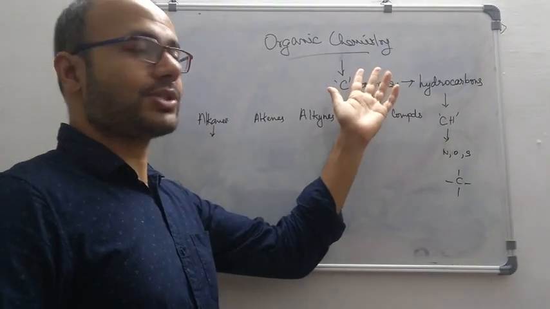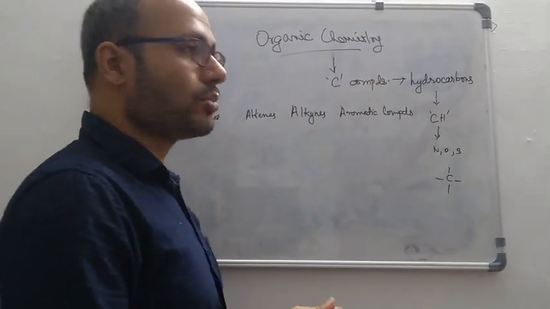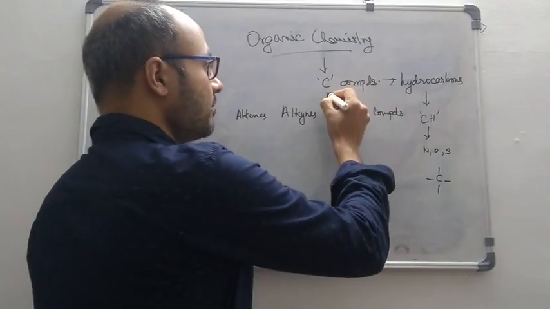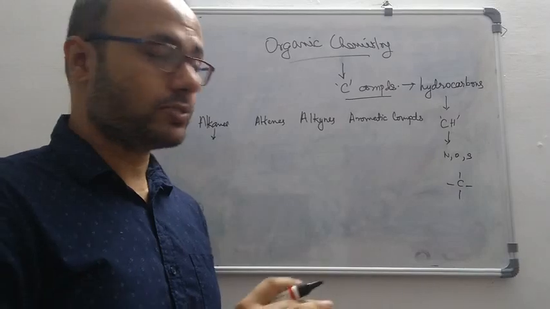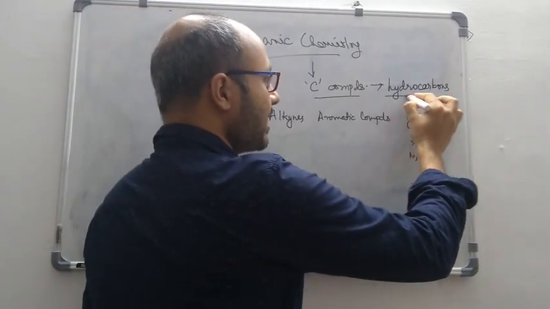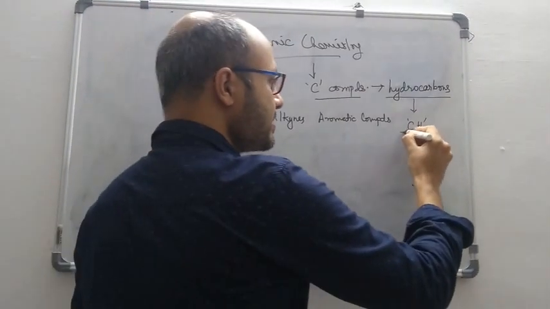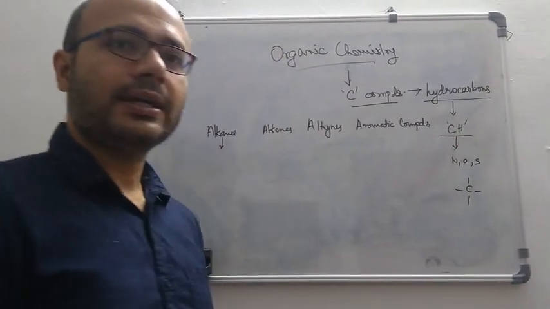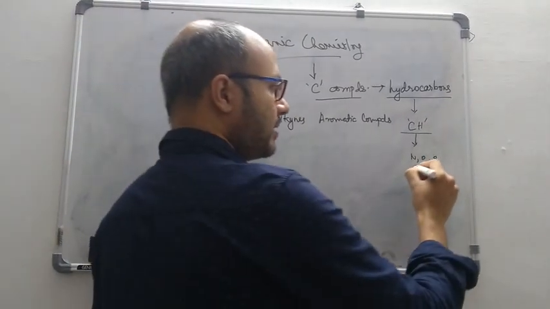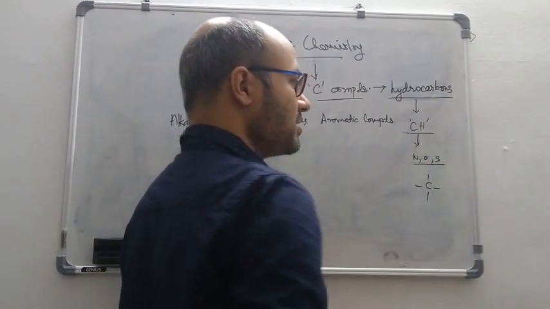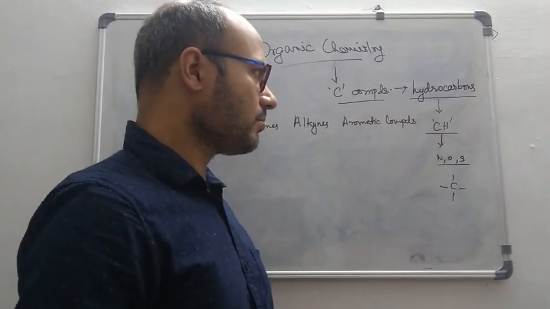So organic chemistry, as you can see I've written down here, is basically composed of carbon compounds. Mostly they are termed hydrocarbons. Why? Because these compounds contain carbon and hydrogen in these molecules. Apart from that, you will find certain other elements like nitrogen, oxygen, and sulfur.